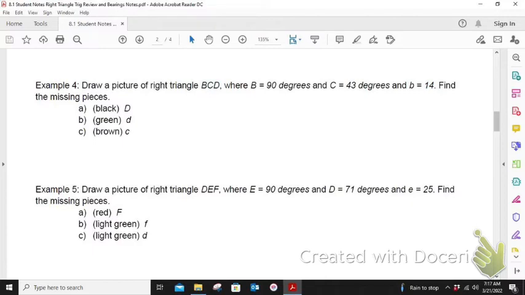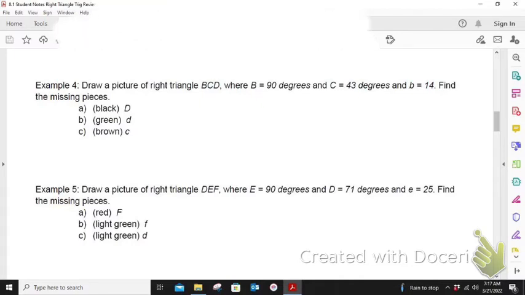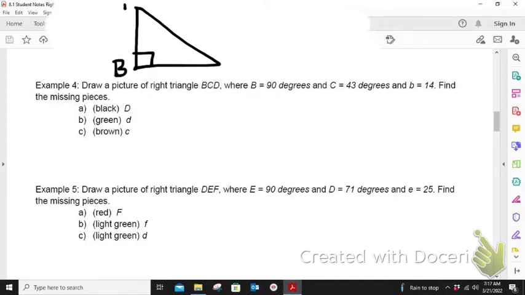Now we're using the letters B, C, D. And I like to label everything that they told us.